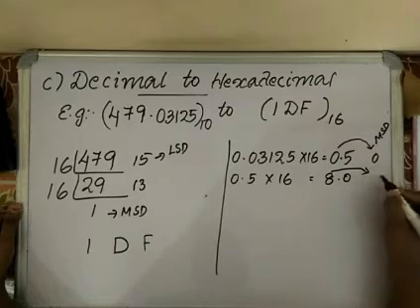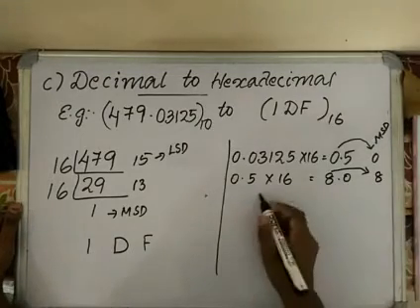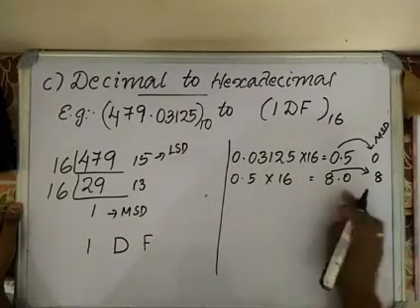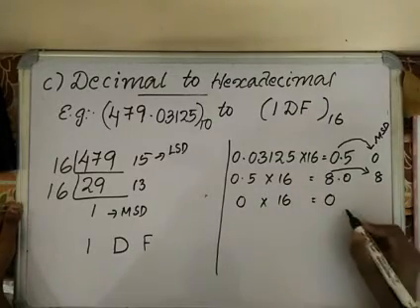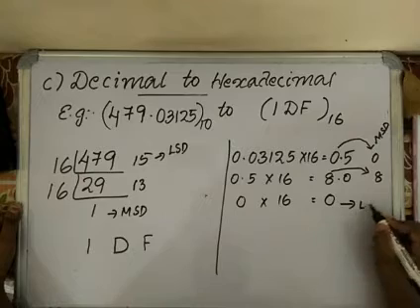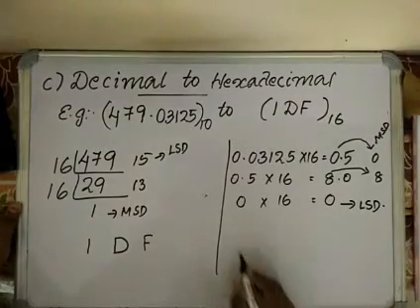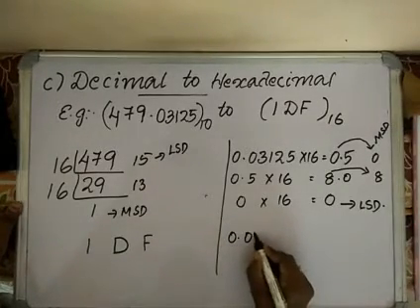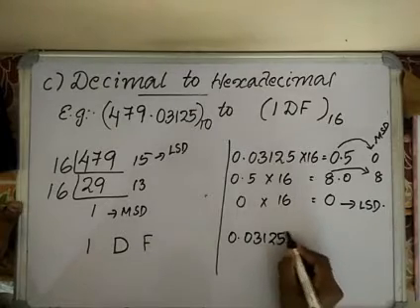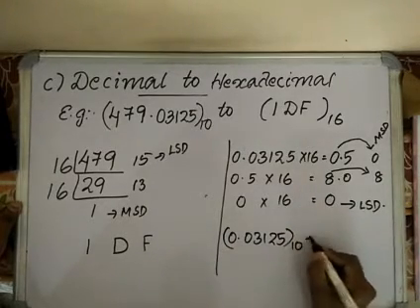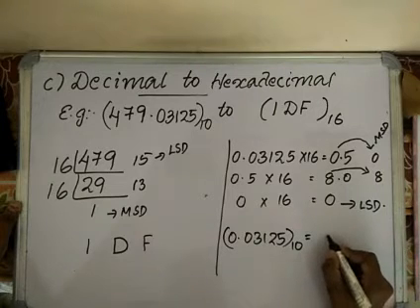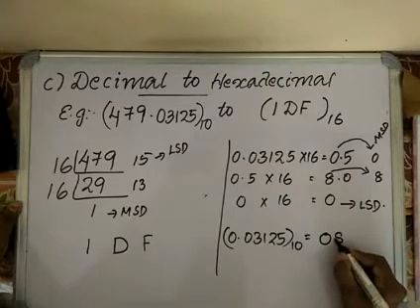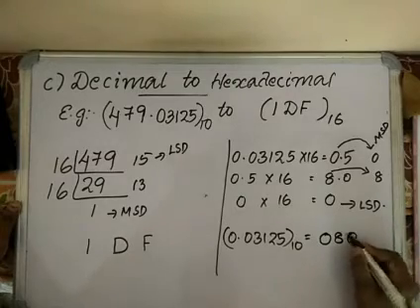So 8 is taken as the needed digit. Then 0 is the fractional part. 0 into 16 we get 0. So this will be the least significant digit. So we can write 0.03125, which is decimal, in equivalent hexadecimal form as 0.08.